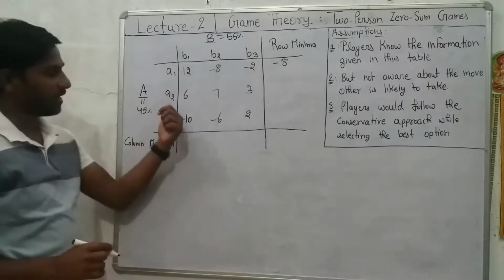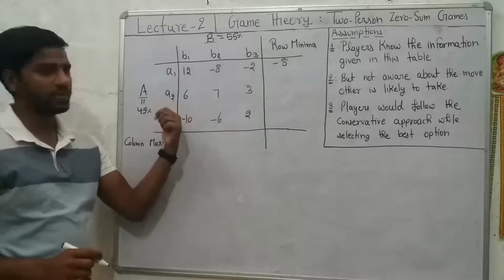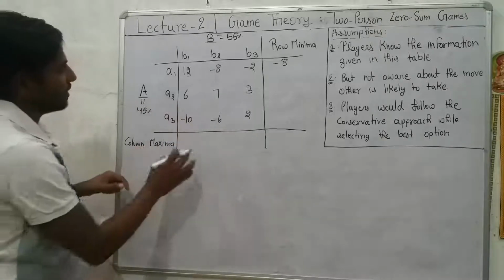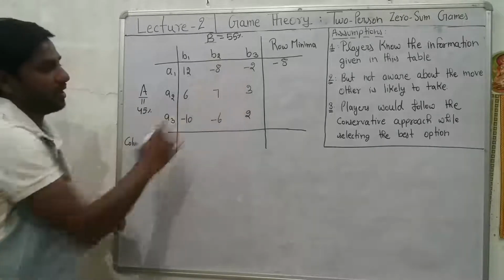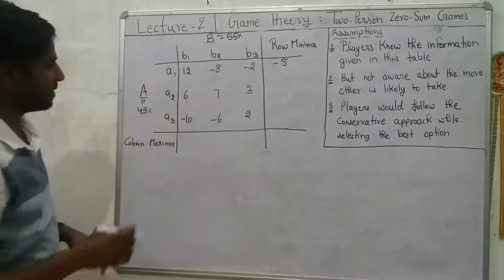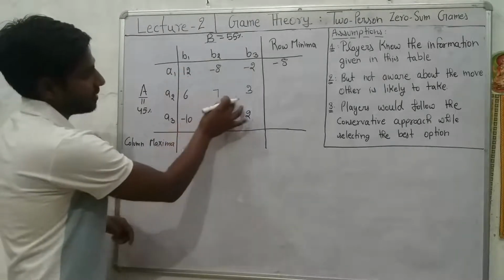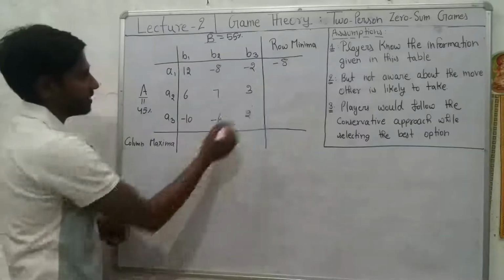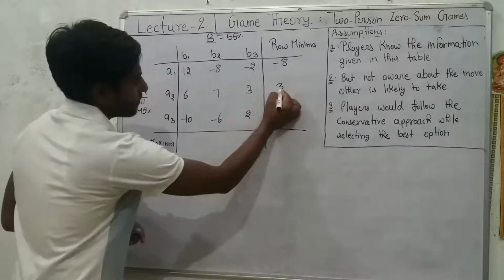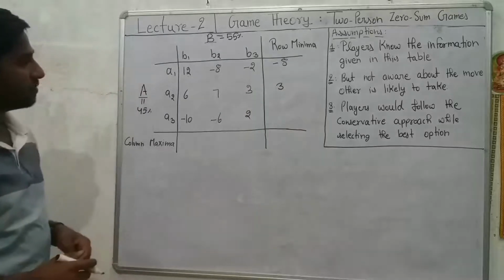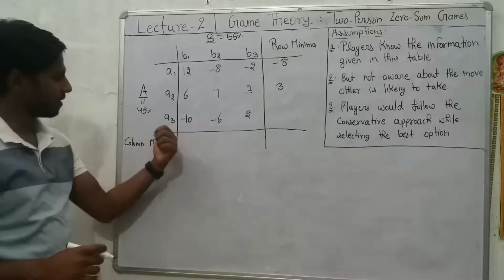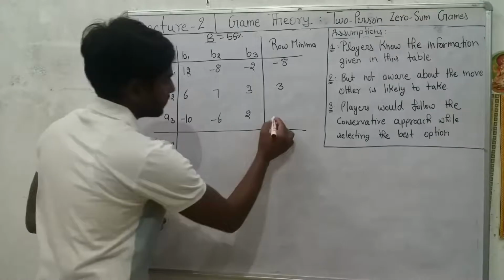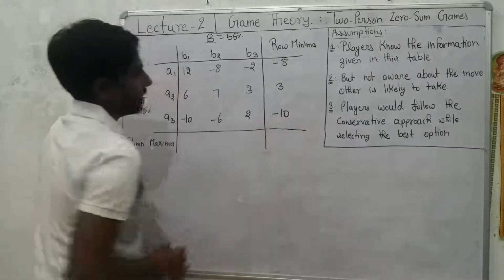Similarly, if company A adopts the A2 strategy, then again B can employ any of the three strategies. What would be the least value in this row? According to the conservative approach, it is 3. So the minimum value in this row would be 3.